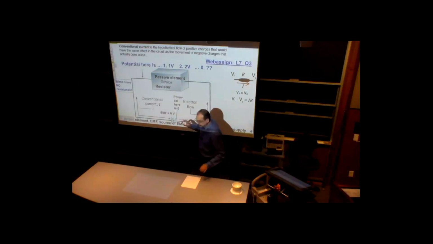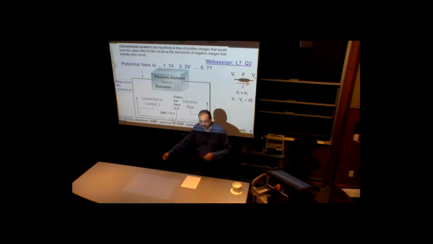So we have the simplest circuit with one active element, a battery, and one passive element, some kind of resistor. The battery has an EMF, a fixed voltage, 6 volts. We always assume that in any circuit there's one point which is grounded.